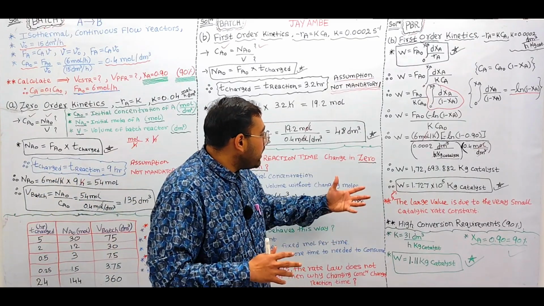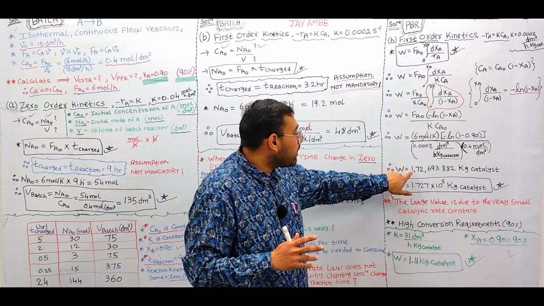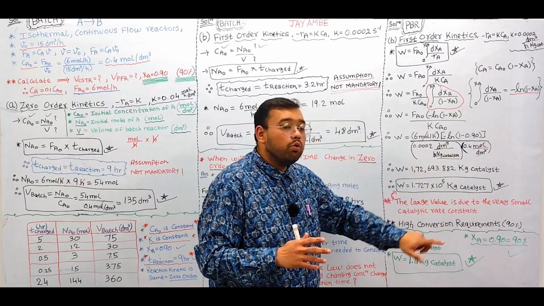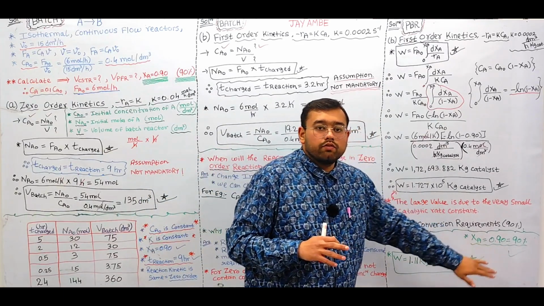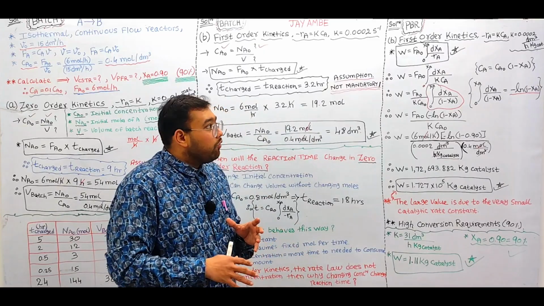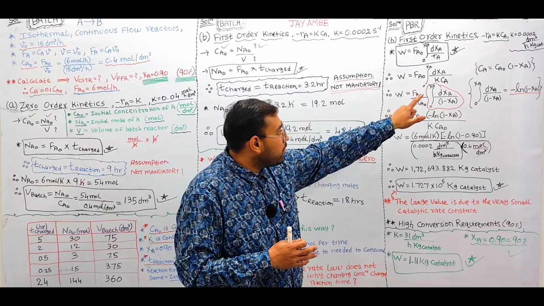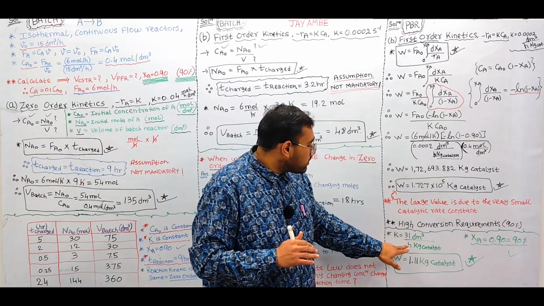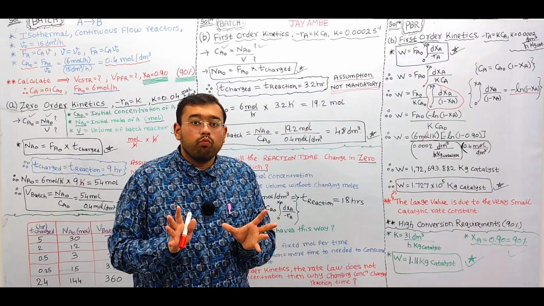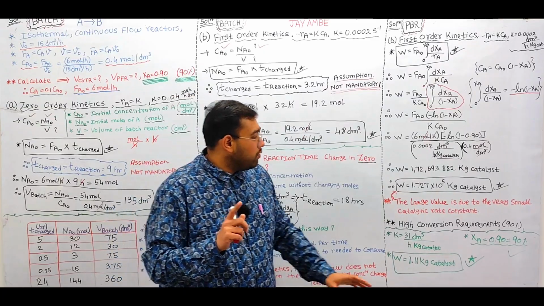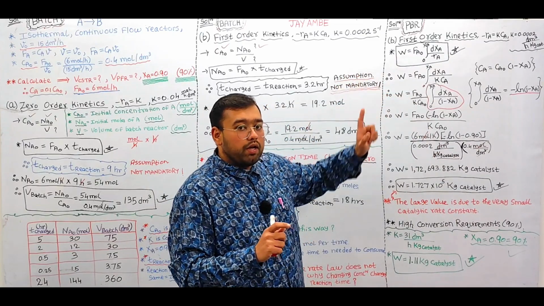In the first case, where the rate constant value is low, we have a very huge amount of catalyst, 1,72,693.882 kg catalyst, required to achieve the same 90% conversion. But if I increase the rate constant value from 0.0002 to 31 cubic decimeter per hour kg catalyst, then the amount of catalyst required will be very small to achieve the same conversion of 90% using the first order reaction kinetics for the packed bed reactor.